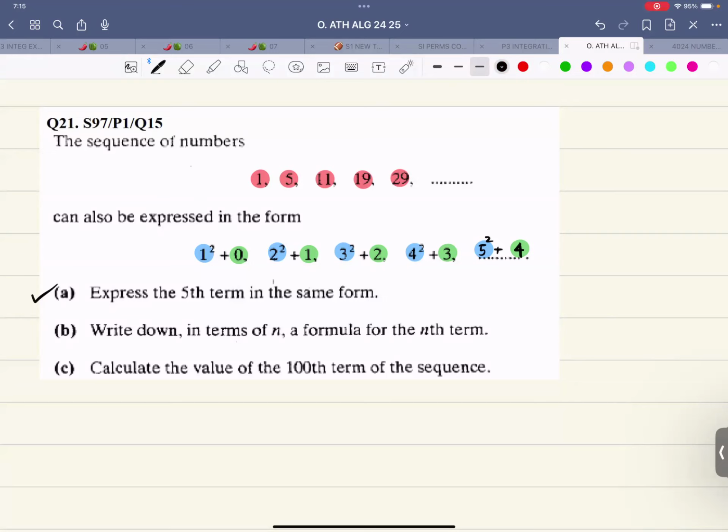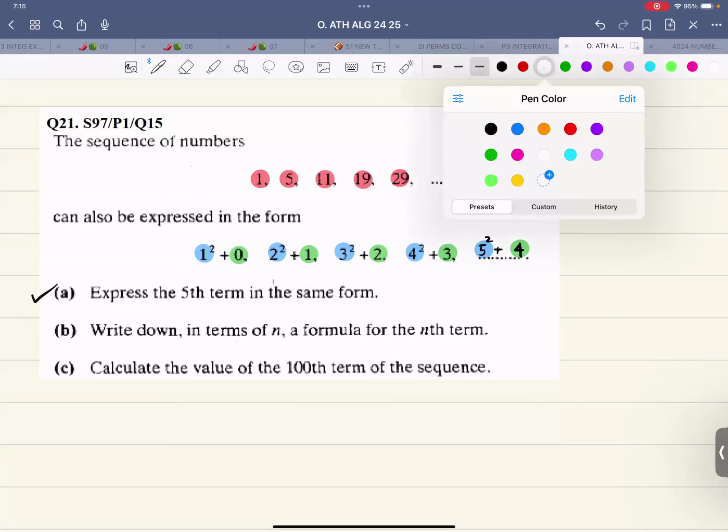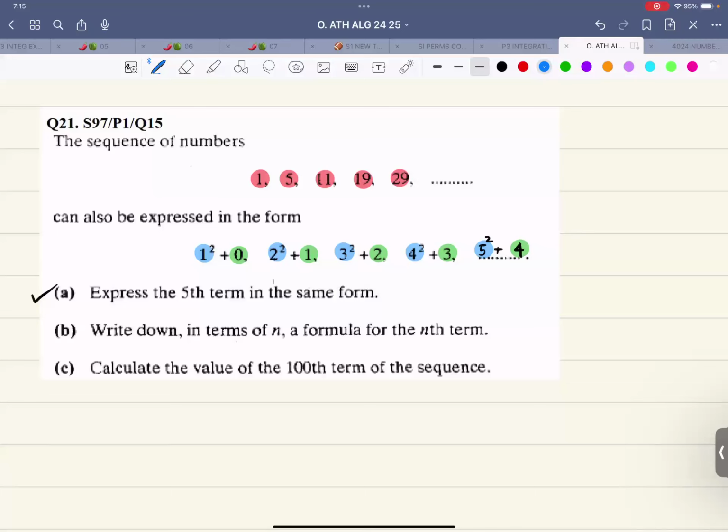So if we talk about this, let me use the blue color. T1 is 1 square, this is 2 square, this is 3 square, this is 4 square, this is 5 square. So therefore, Tn, the blue dot, that will be n square.